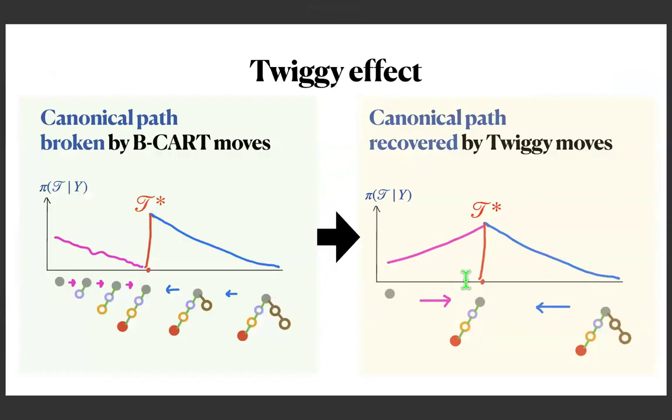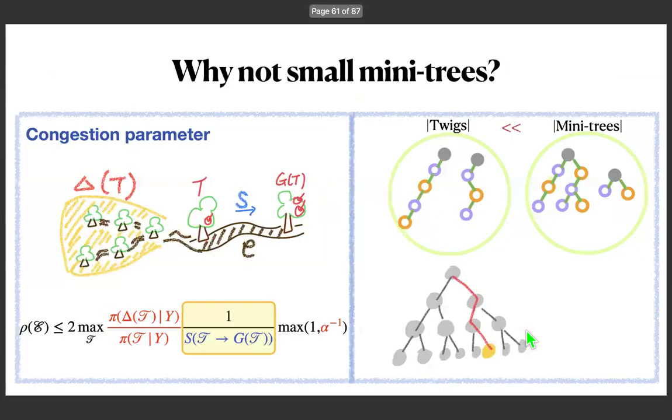So in terms of the canonical path language, the previously broken canonical path is now recovered because now we just fly. So the same argument, the canonical path technique, can be used with our new algorithm, and that's how we showed it.